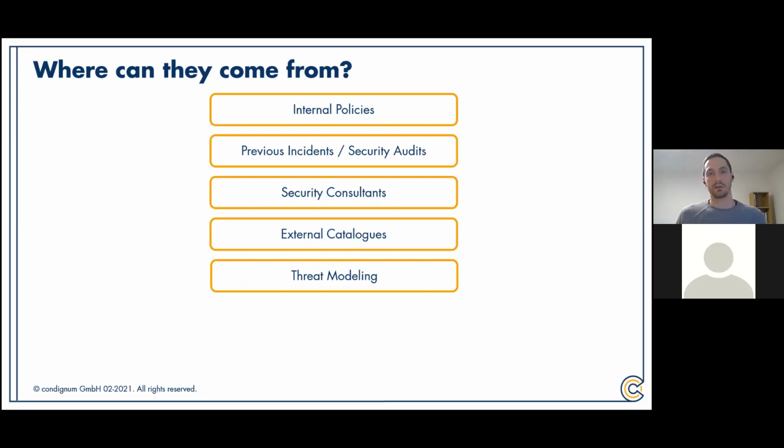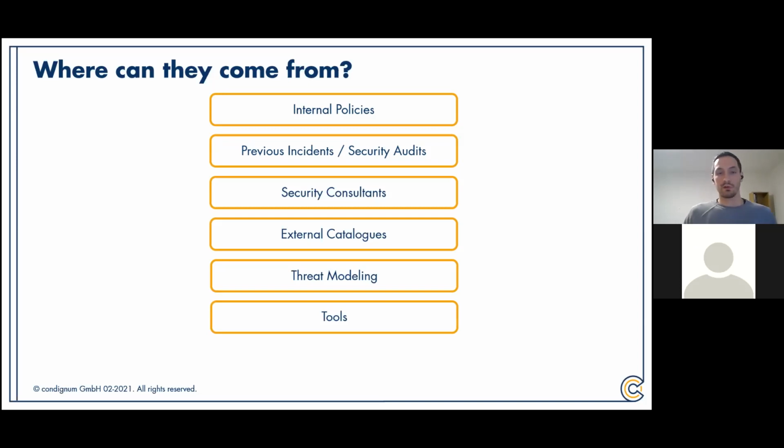And I also did a talk about how to start with threat modeling here at SBA Research about a year ago. And I think you can still find it if you just Google for SBA Research Threat Modeling 101. And this will give you a little start, an introduction to how you can do threat modeling on your own.